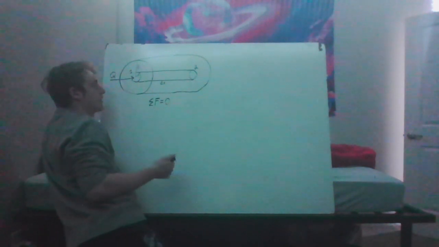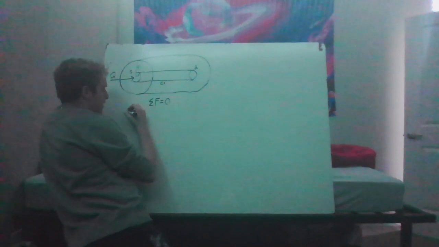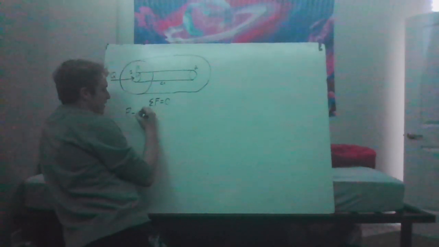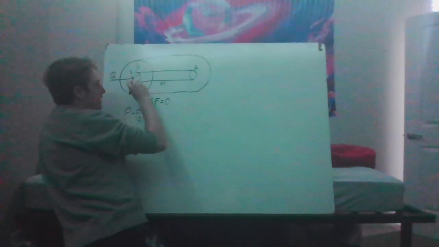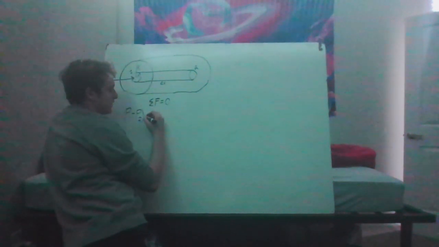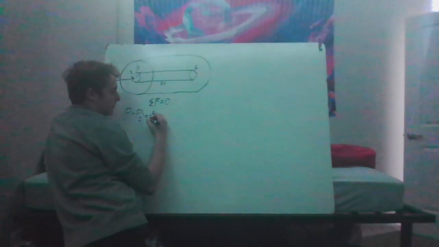So we're going to have the pressure force at 2 and pressure force at 1, so we can write that as P1 minus P2 because of the pressure drop, and they will be acting on the cross-sectional area on these end caps, pi r squared, little r.